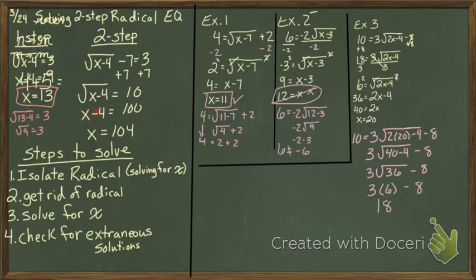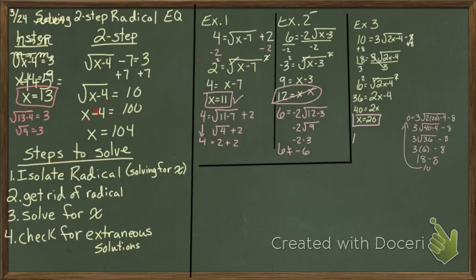That will give me 18 minus 8, which is 10, which is what the original equation said it should come out to. So that tells me that x equals 20. That is the solution for that.